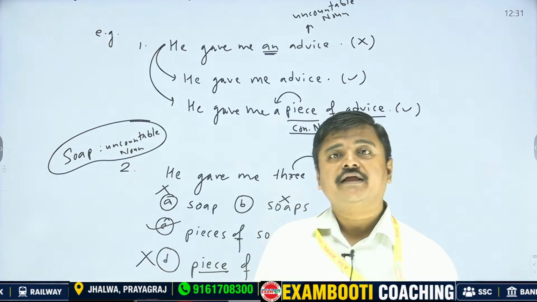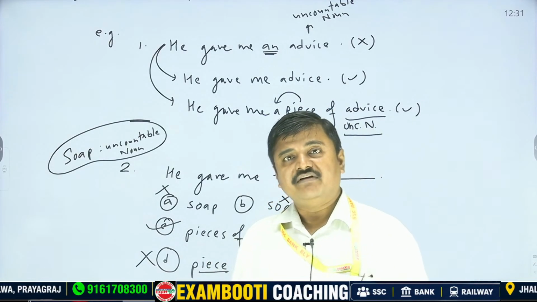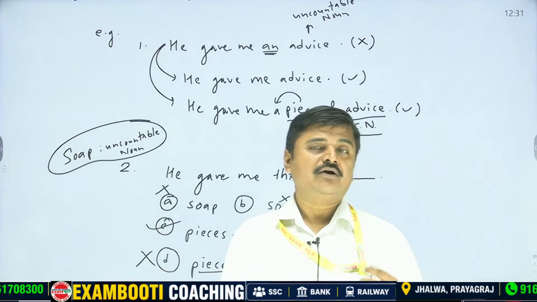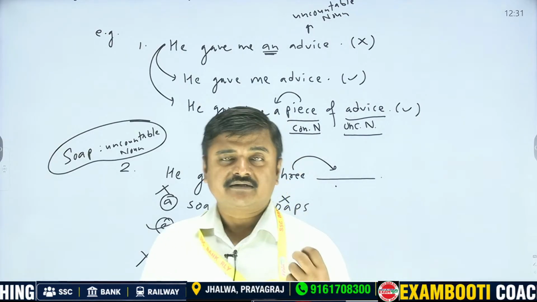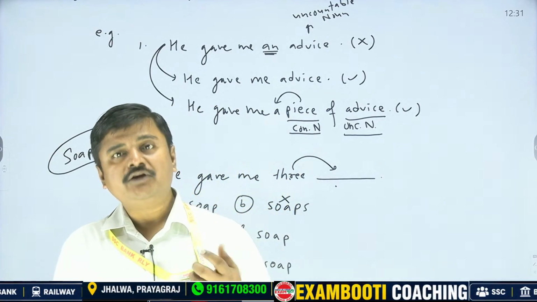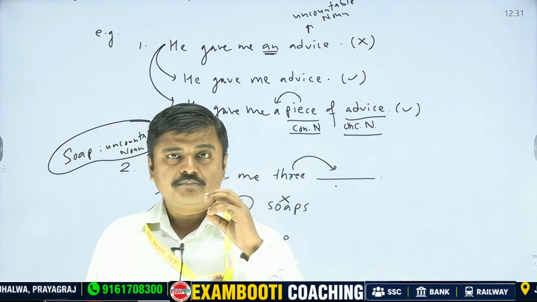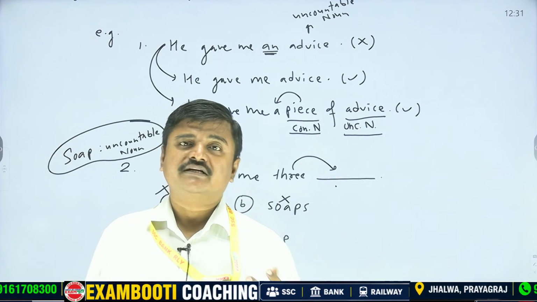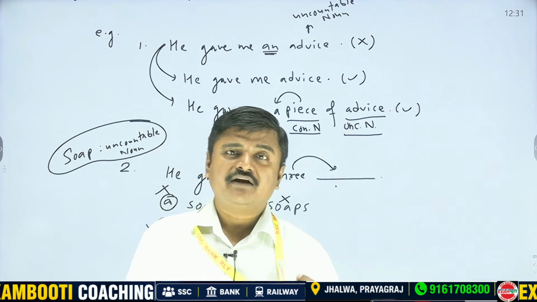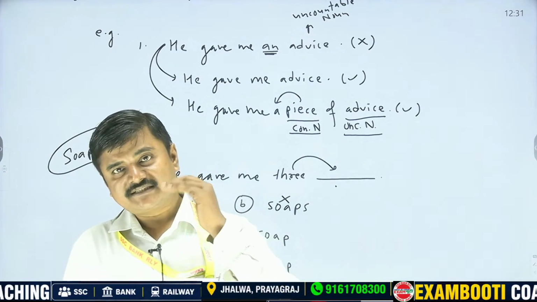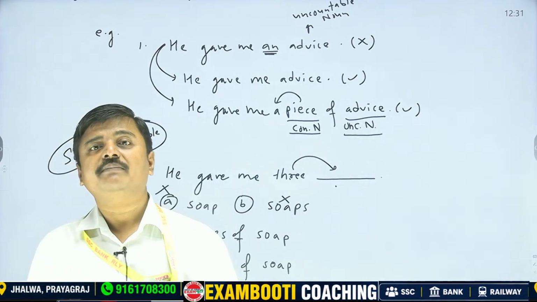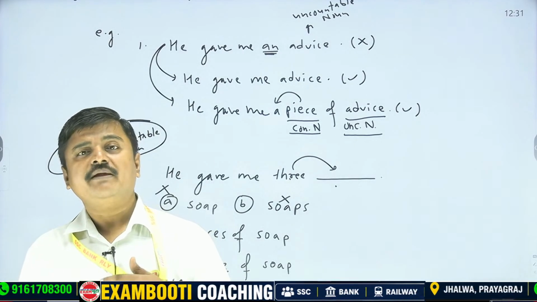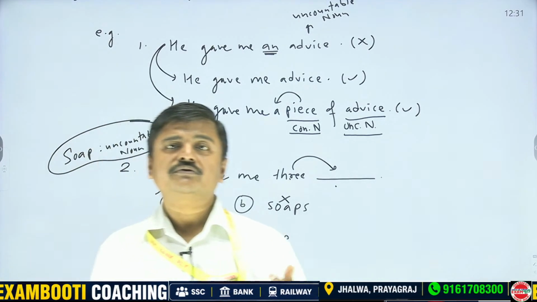That is why countability is given to uncountable nouns, because in certain conditions we need the pluralization of certain phrases, so that we can have the sense of plural version of certain things. Otherwise it will be quite impossible to solve all those things.